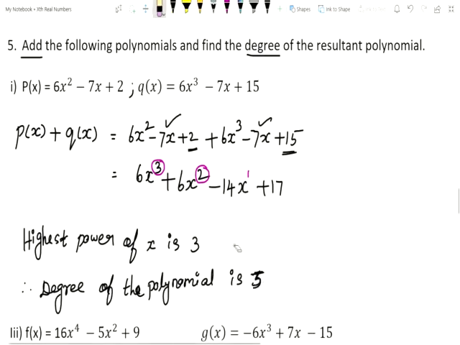Once again, after adding the polynomials only, we need to find out the degree. So the degree of the resultant polynomial is 3. You understand, children? First you should add the polynomials. After adding this, we need to find out the powers.